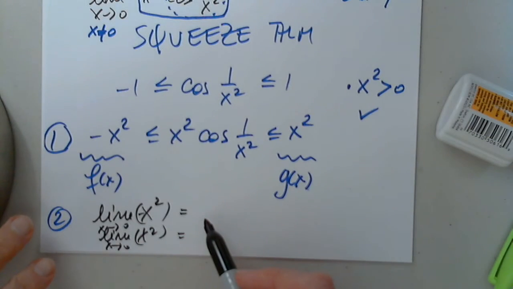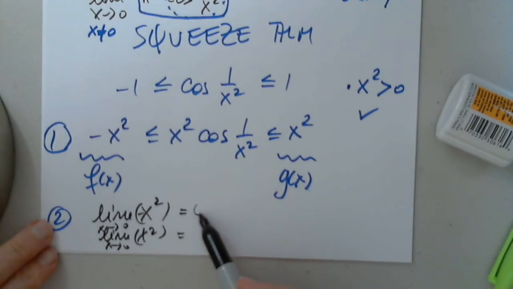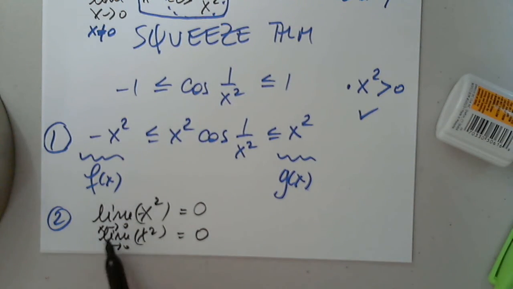Positive infinity. One more time. That would be a tragedy, because then the squeeze theorem is not applicable. Oh, yeah. Maybe just 0. That's it. So when x approaches 0, the limit of negative x squared is 0. As x approaches 0, the limit of x squared is 0.